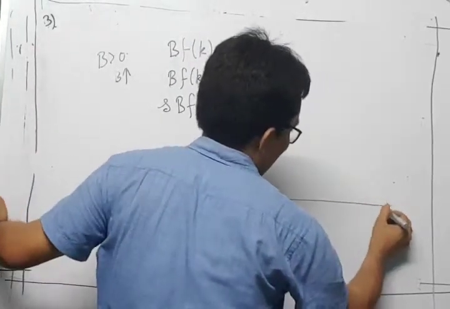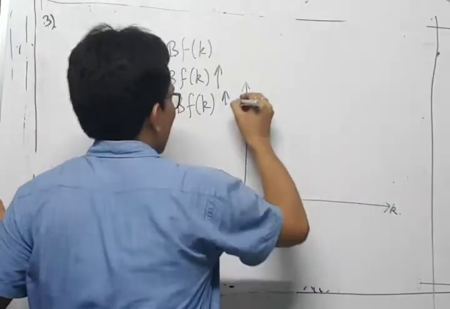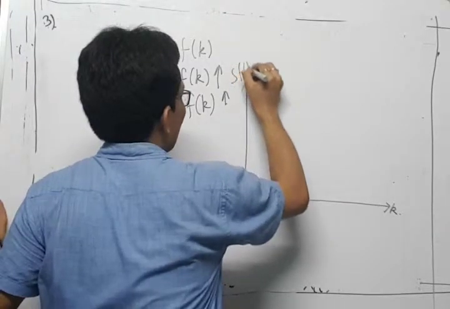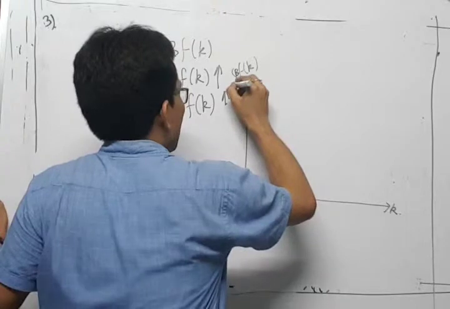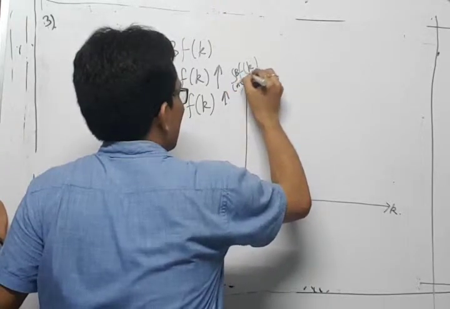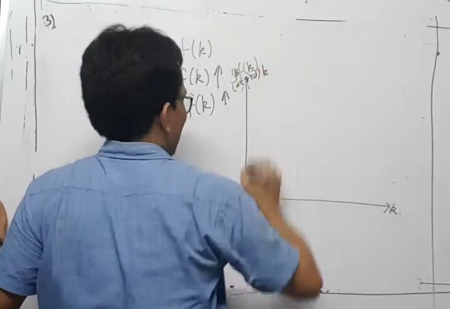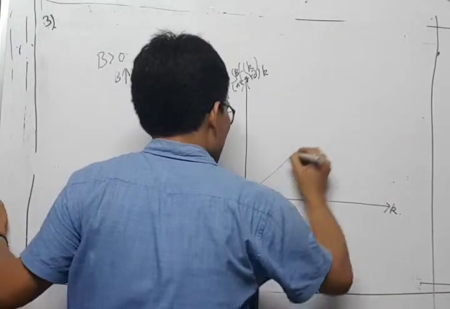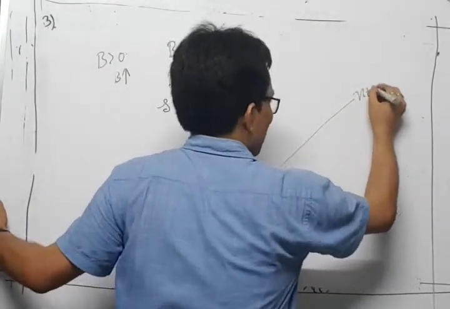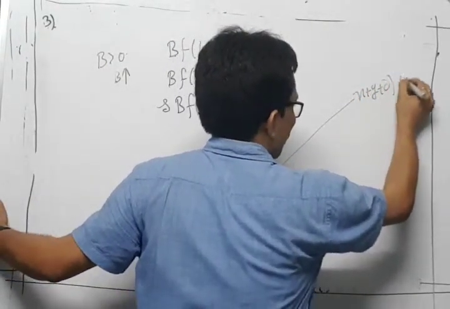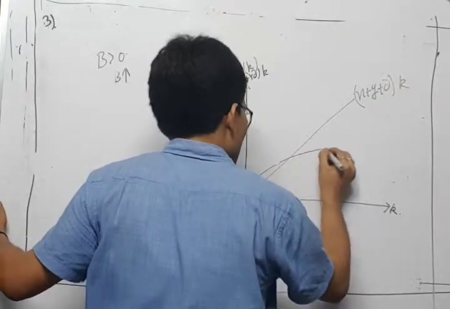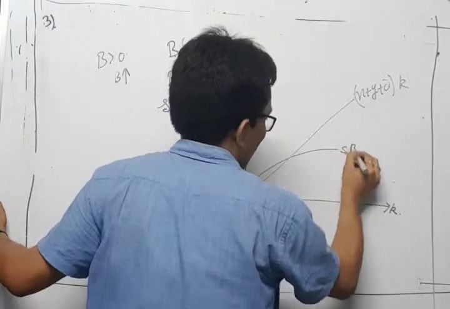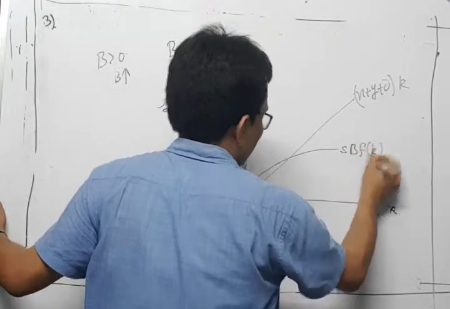Again on the horizontal axis we are plotting k, and on the vertical axis we are plotting s of b of f of k, as well as the break-even investment, which is n plus g plus delta of k. This is the break-even investment line, and this is the initial investment curve, which is s of b of f of k.